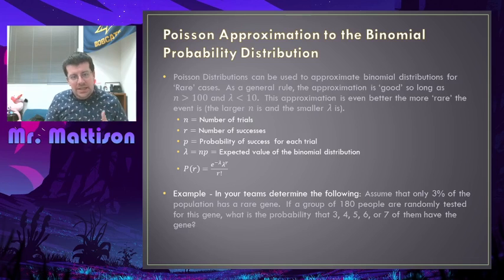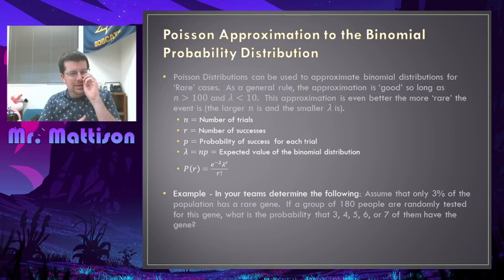So a Poisson distribution is actually quite good at making approximations with those super rare cases. So that's what we're going to look at here. How we define a rare case is if your value of n, your sample size, is greater than 100, and your lambda, or your expected value, is less than 10 at the same time.